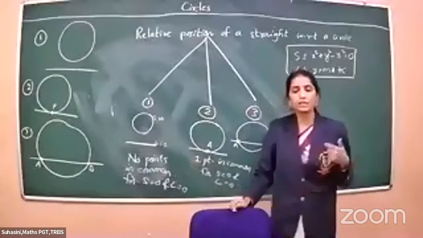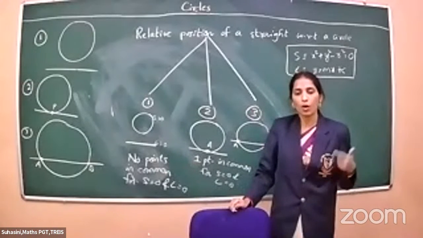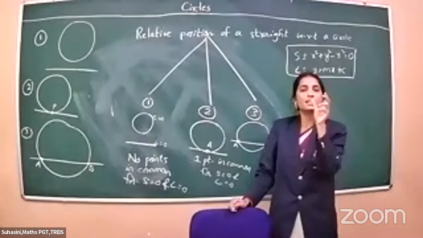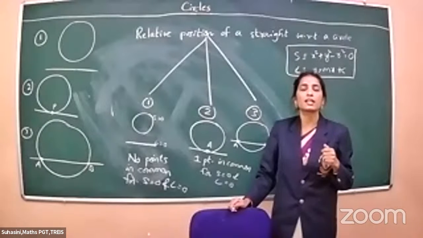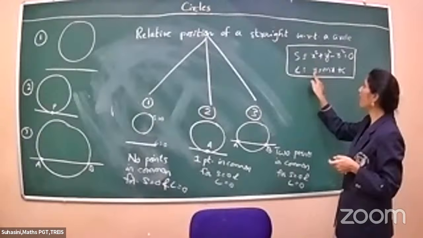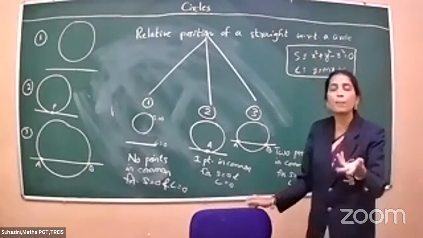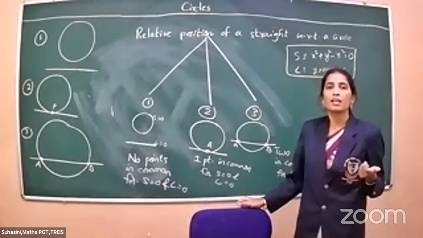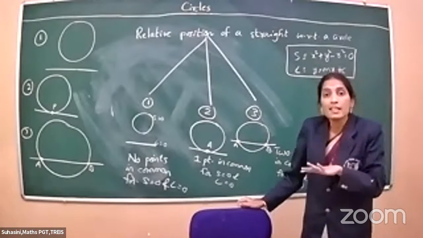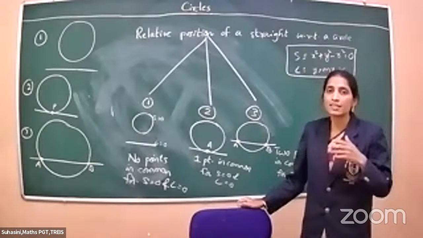Let us give the algebraic interpretation, with which we can understand by looking at the condition whether the line touches the circle or not. I simply give the equations S equal to 0 and L equal to 0, and you will be in a position to tell whether the line is touching the circle or not, whether the line is intersecting or not.